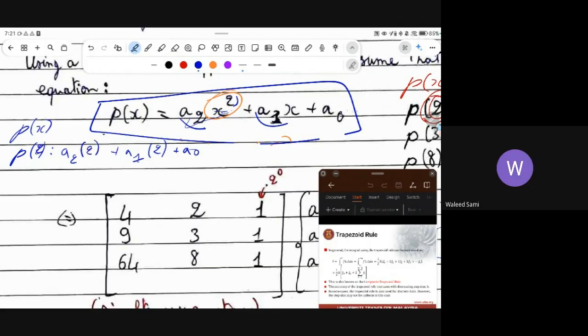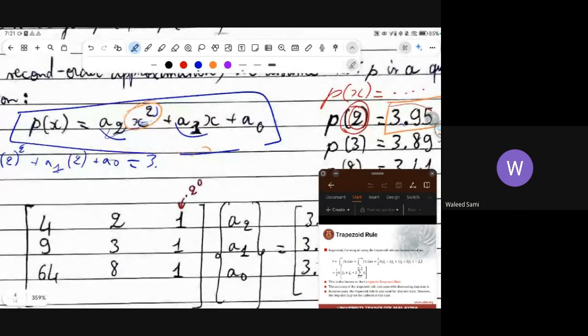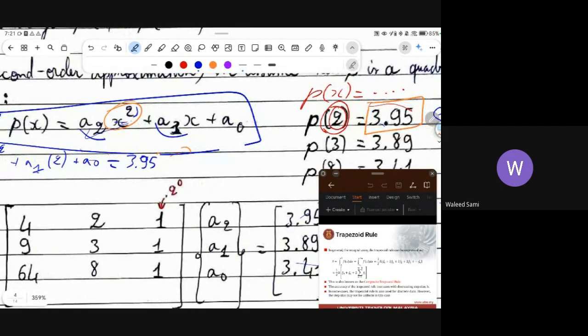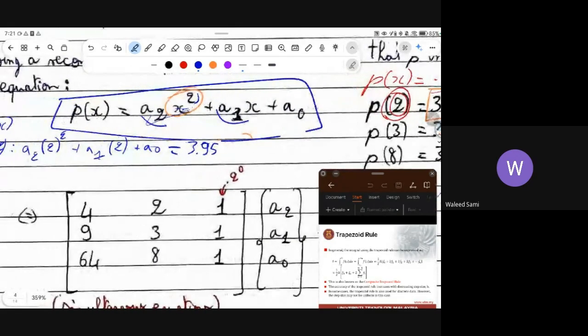Okay, this is 2, because it's 2 squared. 2 squared is gonna be 4, and the other one is gonna be 2. Okay. Equals to? Should be 3. You do it by calculator. You have to find the answer.